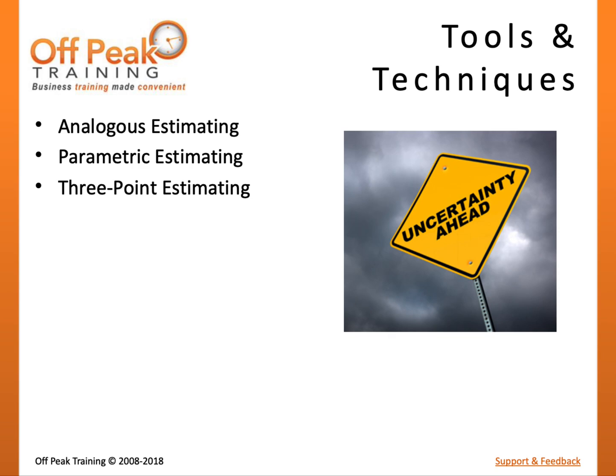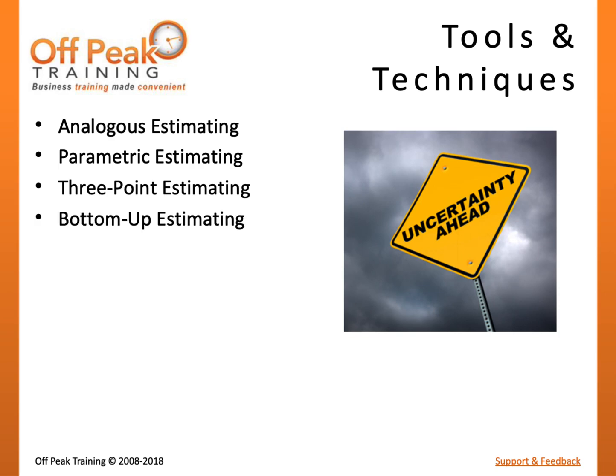For example, if it costs $1,000 to paint a large room, it may cost $2,000 to paint a room that is double the size. Three-point estimating is the use of averaging three different estimates, most likely, optimistic, and pessimistic, to estimate the cost of a project activity.